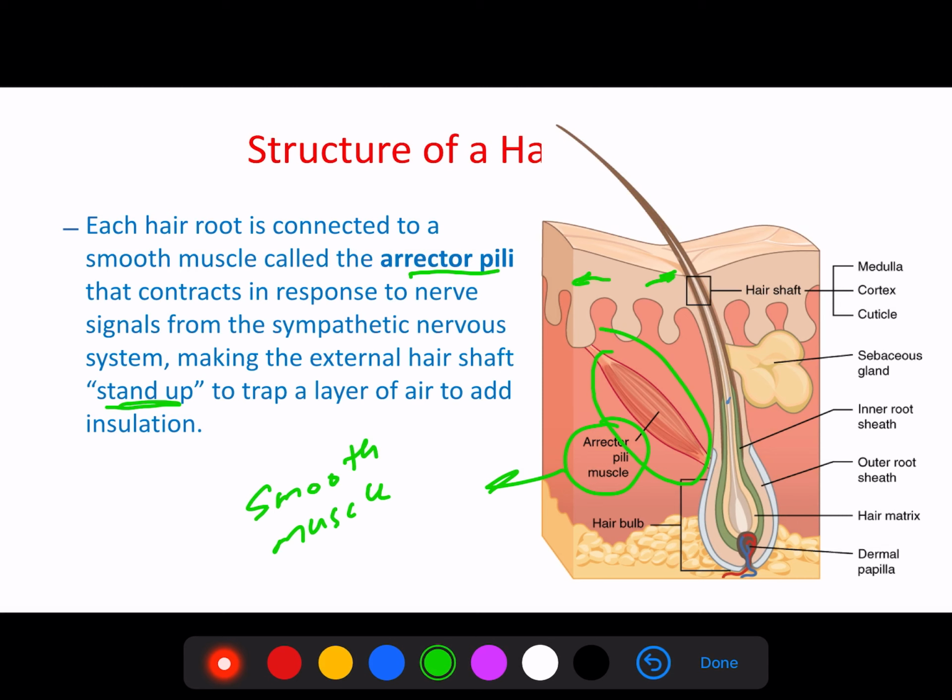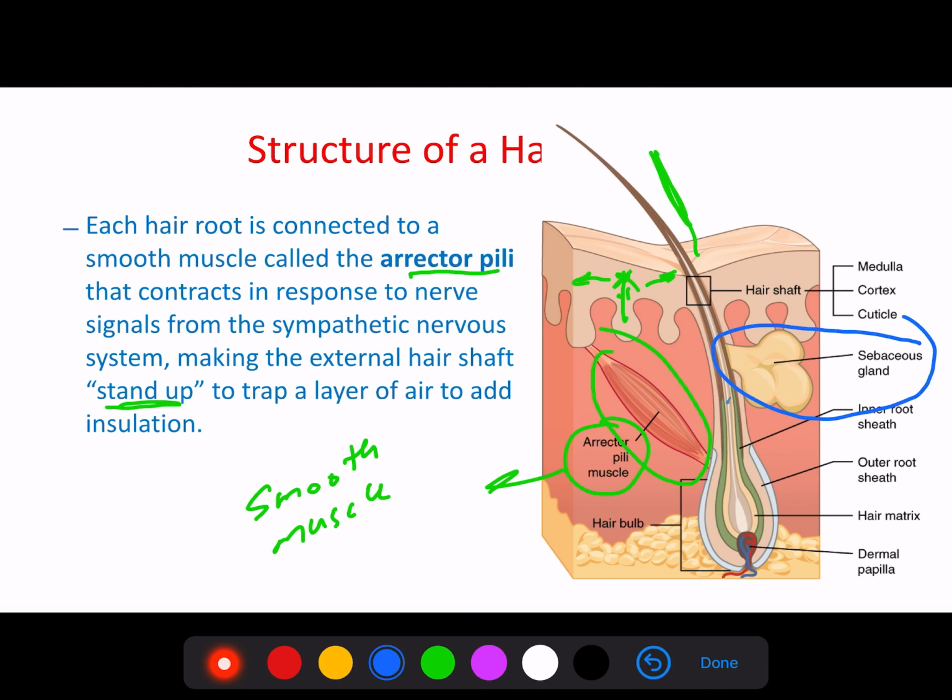This will cause the pores of the sweat glands to close, and it will cause the goosebumps. This is important because it will preserve the temperature. It will preserve the heat inside the body, which is something we are going to talk about in a little bit. Also attached to the hair root, there is the sebaceous gland.